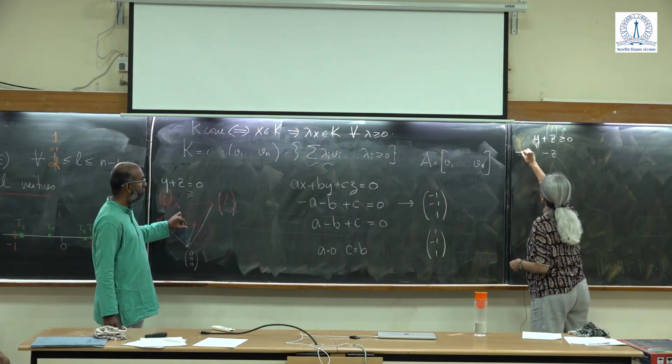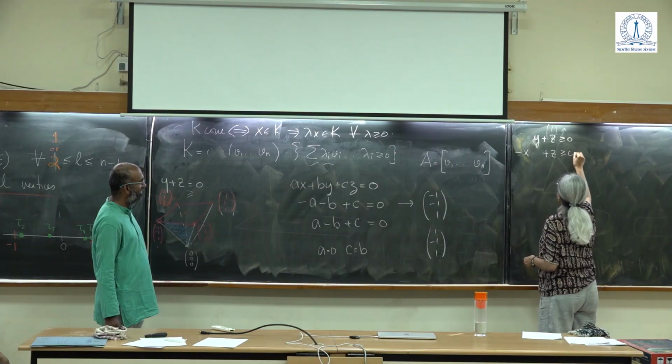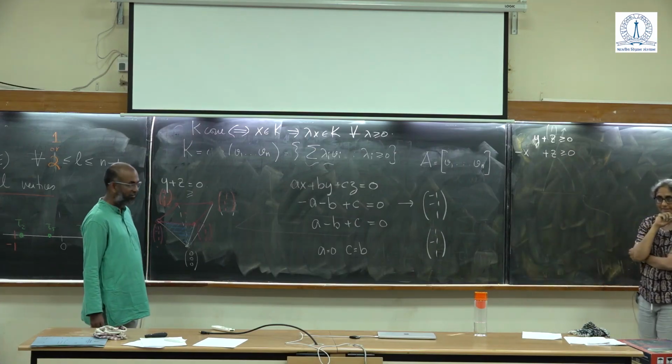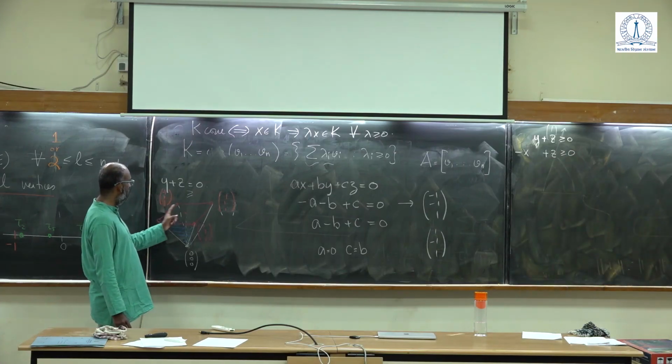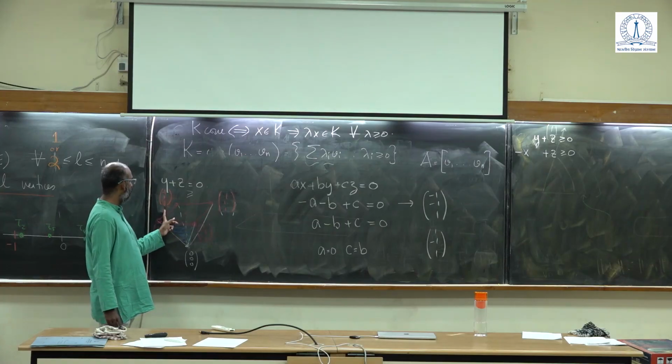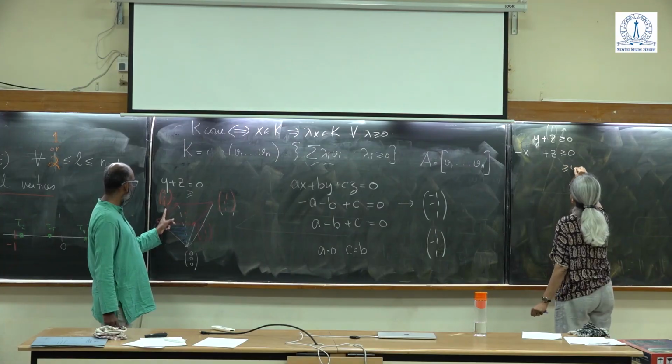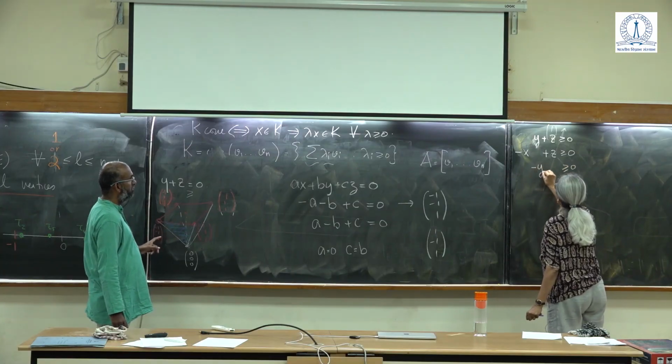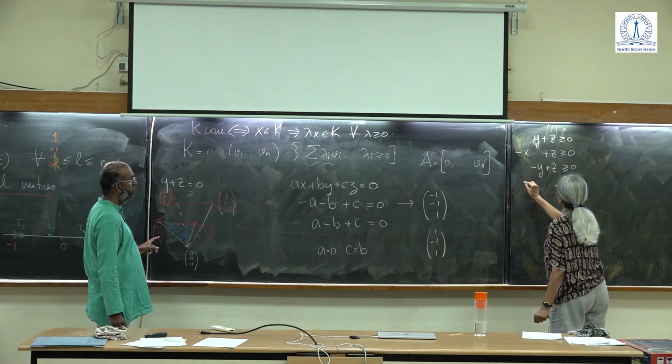Okay, so I want to make it greater for everything, so I'm going to write this. Okay, good. Let's find more. Minus y plus z is greater than or equal to 0. Okay. X plus z.